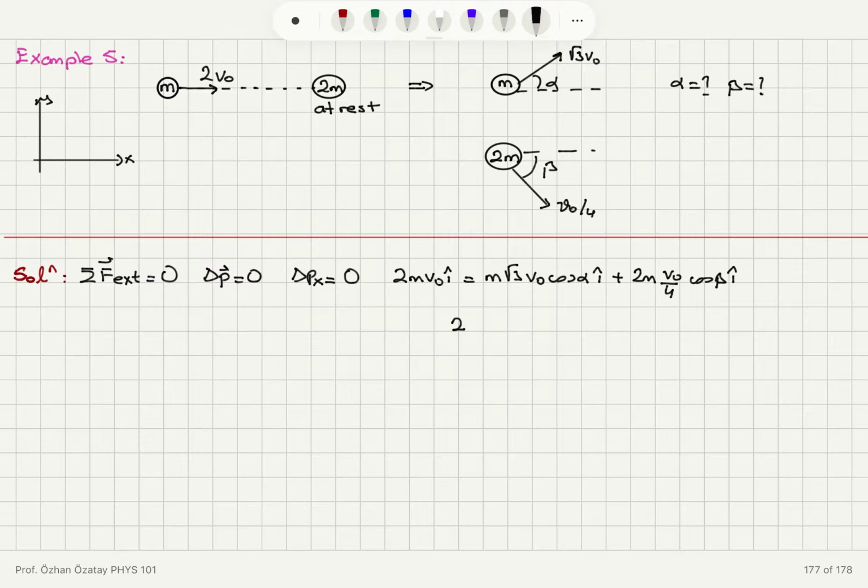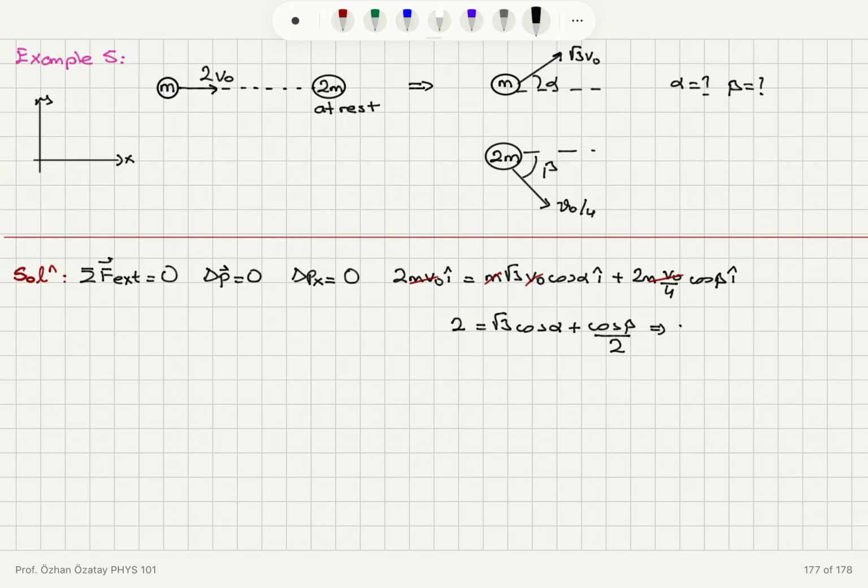So this gives me 2 is equal to square root 3 cosine alpha plus cosine beta over 2. Okay, so mv0 disappears here, and I obtain this result.